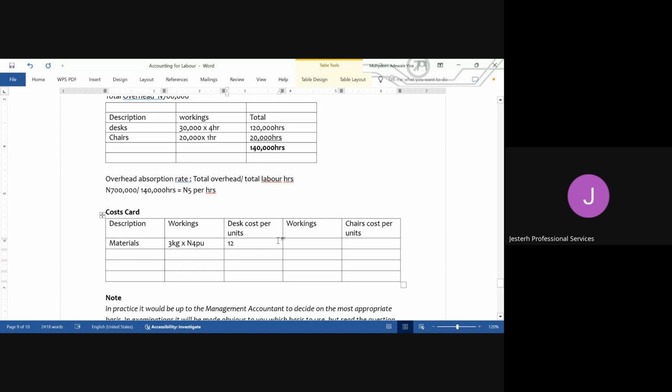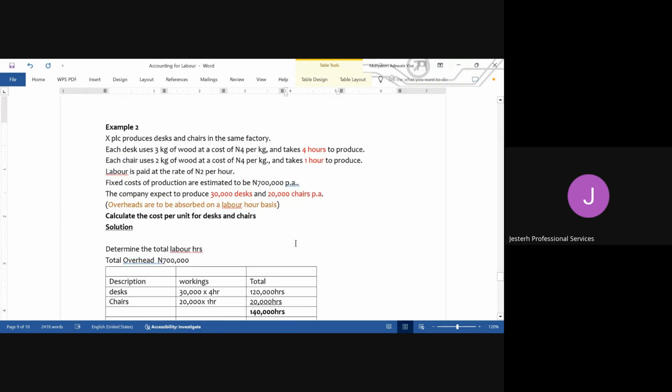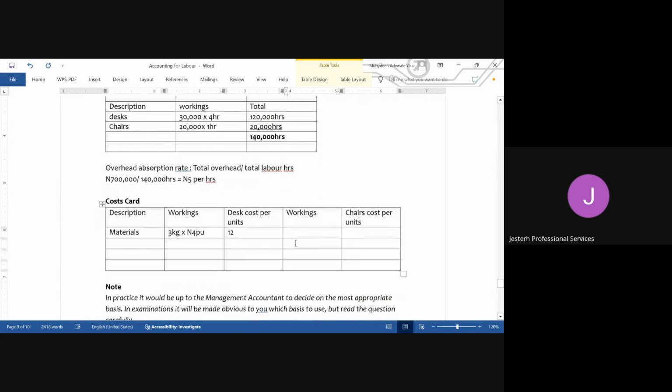Now, we come to this chair. We go back to the questions. Chair says we need only 2 kg of wood at a cost of 4 naira per kg. So here, we need 2 kg of wood, and it costs 4 naira per kg.